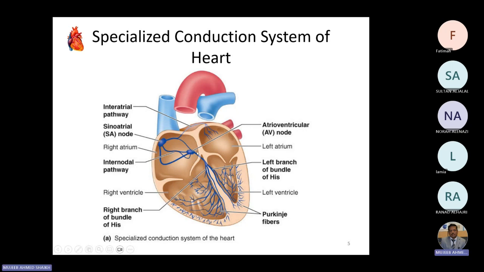From the AV node, the impulse or electrical activity will pass to the ventricle through a special bundle, which is called the bundle of His or AV bundle, which will divide into two parts, the right bundle branch and left bundle branch, on two sides of the interventricular septum.